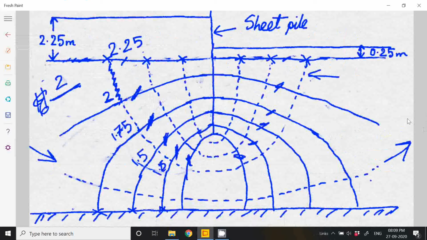Whatever number of drops there are, if you divide 2 by that, suppose the number of drops is x, then the value you get is the amount of head difference in each drop. And that is nothing but delta H.